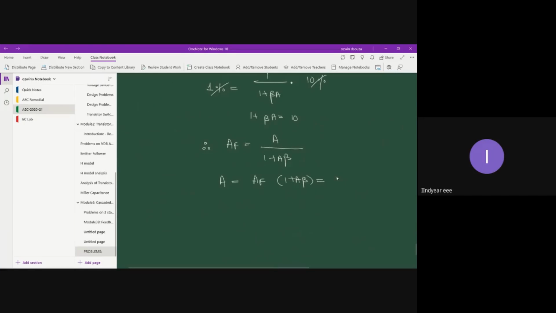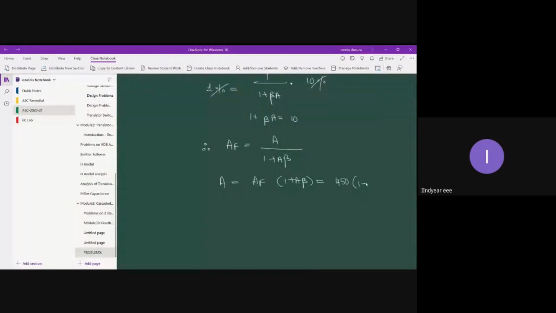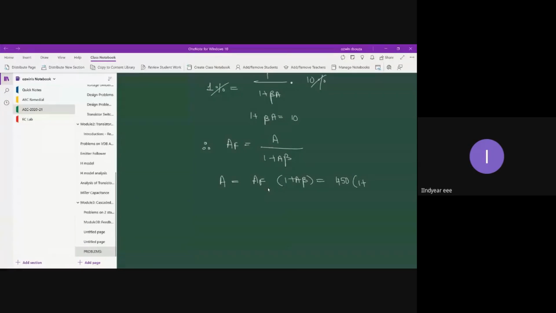So it is basically 450 into 1 plus A beta, which is already known to you, which is 10. So you will get it as 4,500.